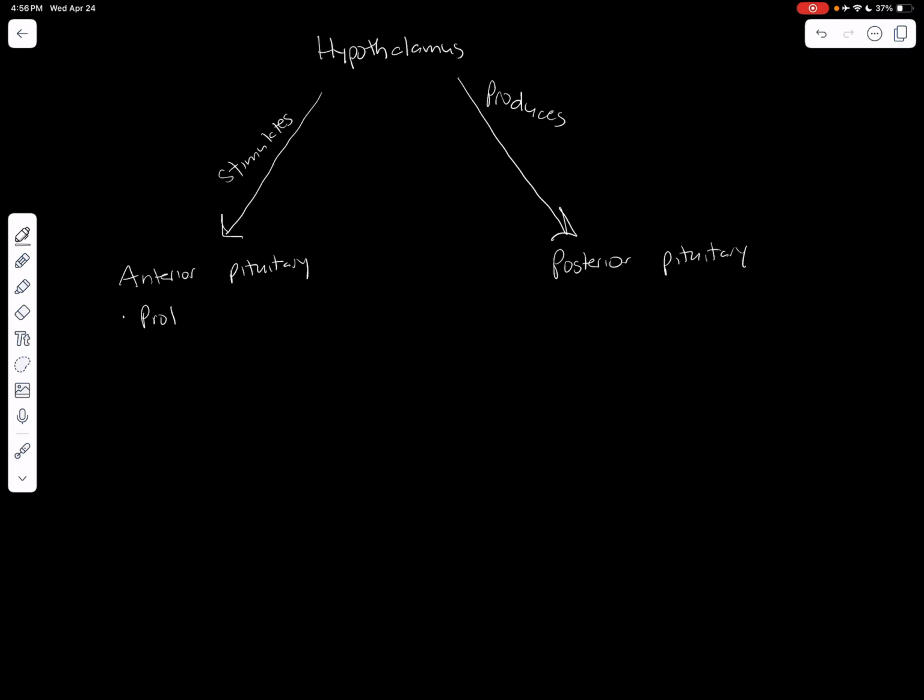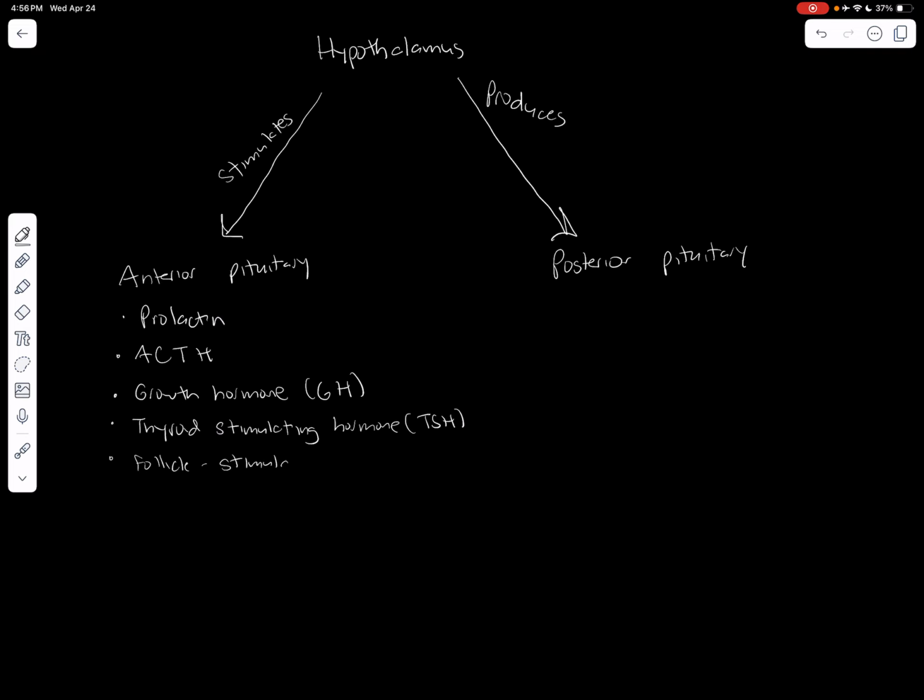Those are prolactin, adrenocorticotropic hormone (ACTH), growth hormone (GH), thyroid stimulating hormone (TSH), follicle-stimulating hormone (FSH), and the last one is luteinizing hormone (LH).